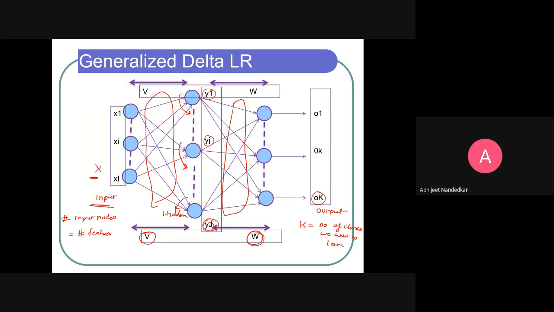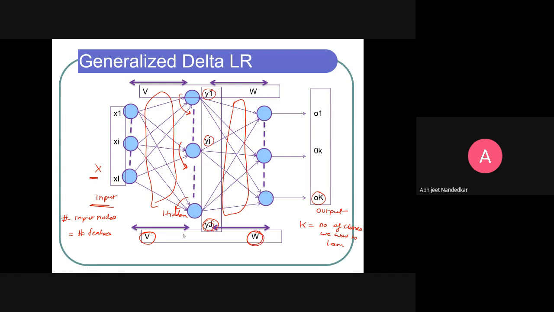Then how many hidden nodes? It totally depends on your choice. For this particular derivation, I am saying there are capital J neurons.